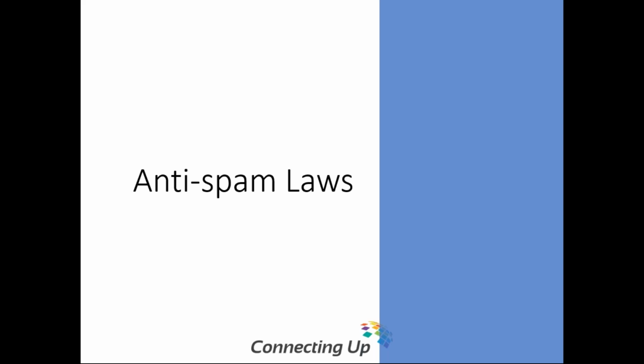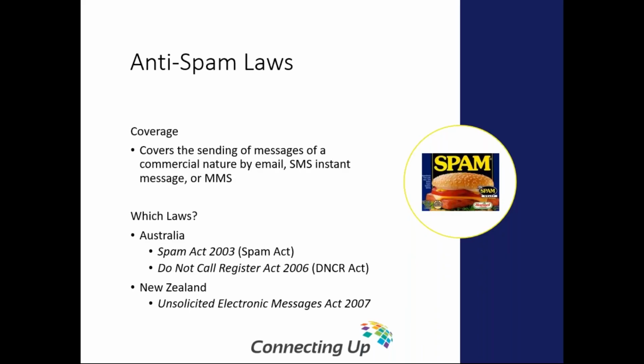The anti-spam laws generally in Australia and New Zealand are the same. They cover the sending of commercial emails, unsolicited commercial emails is what they're talking about. But they also cover all sorts of commercial messaging, so by SMS as well as by email. So all of those things come within these anti-spam laws.